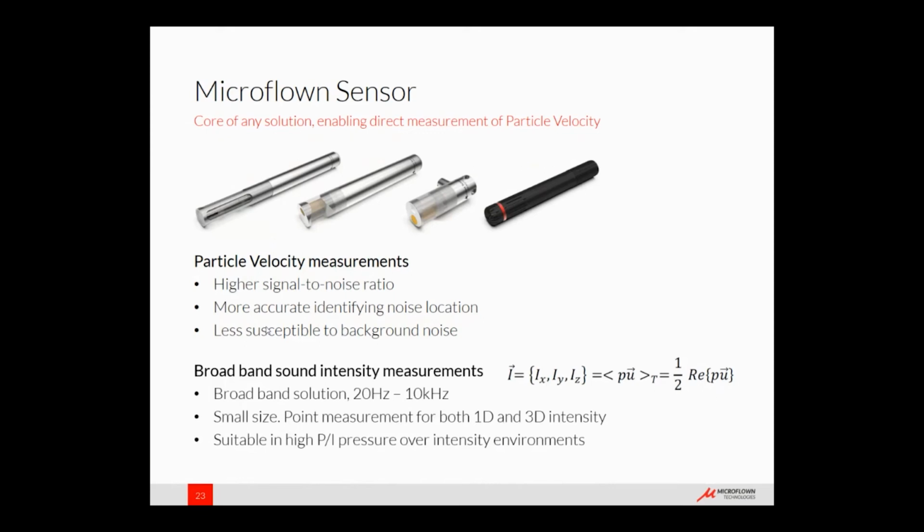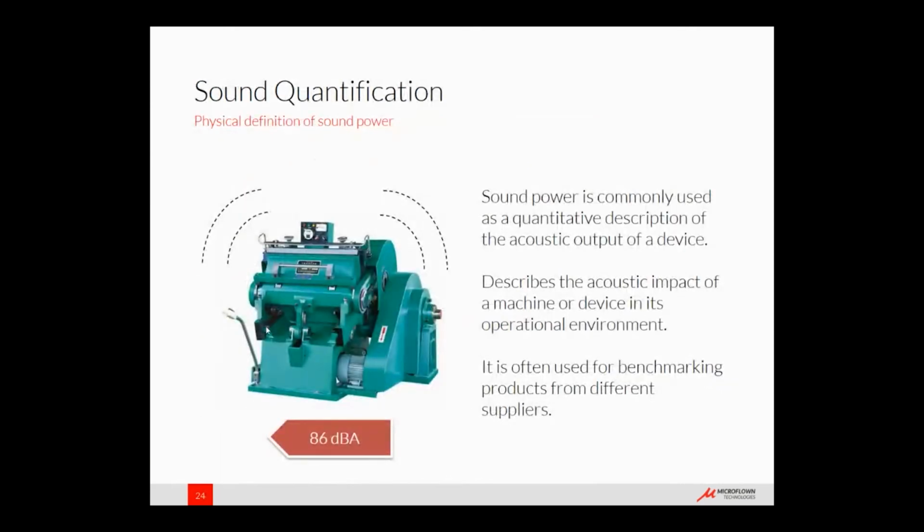So the sound intensity can also be used for sound quantification by looking at the sound power. Basically, you multiply the sound intensity with the area, and then you get the sound power.